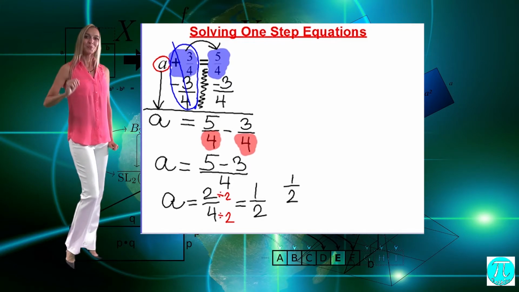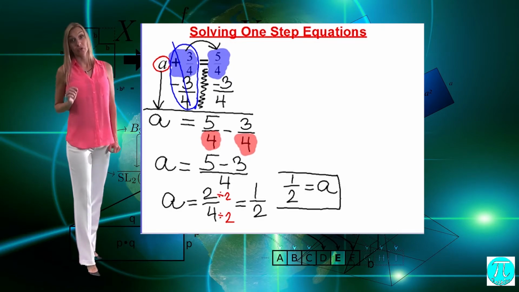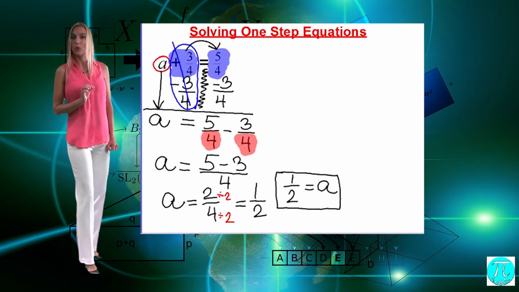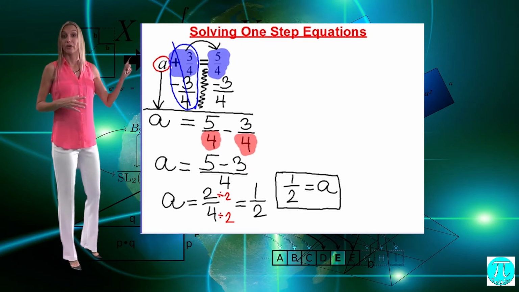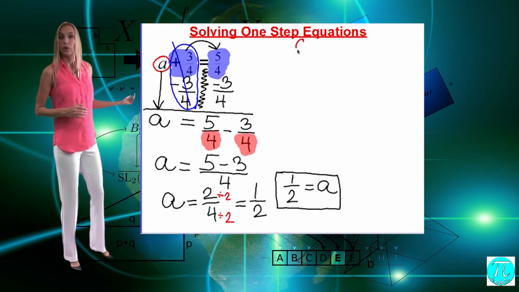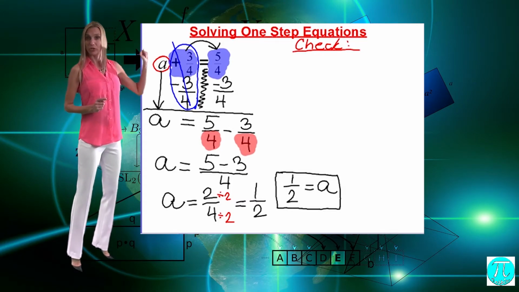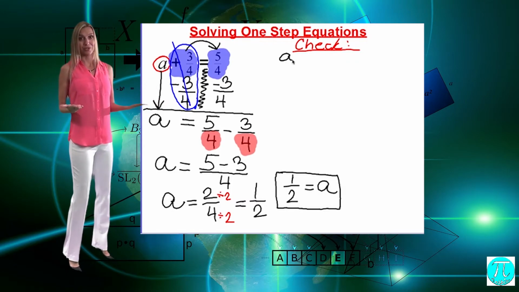Now, after we are done, we want to make sure that we are correct, that our solution indeed is correct. Well, the only way to do that is to make a little check, right? We want to make sure that A indeed is 1/2. And if it is, if I substitute it into the original equation, I should have both sides that will equal each other.